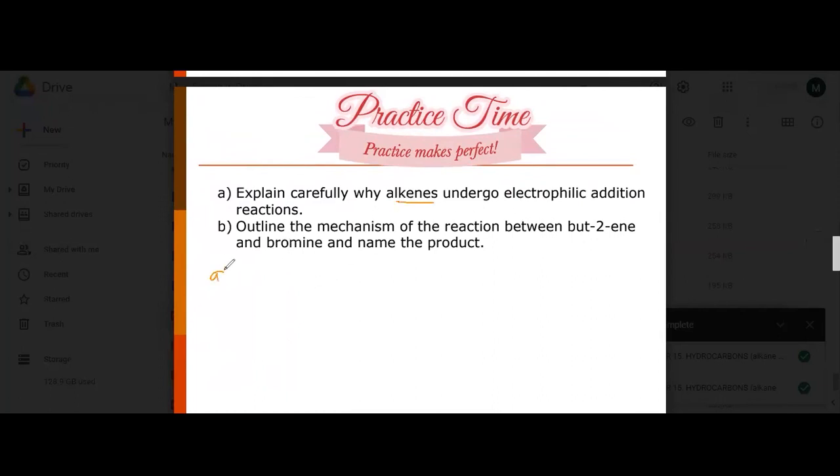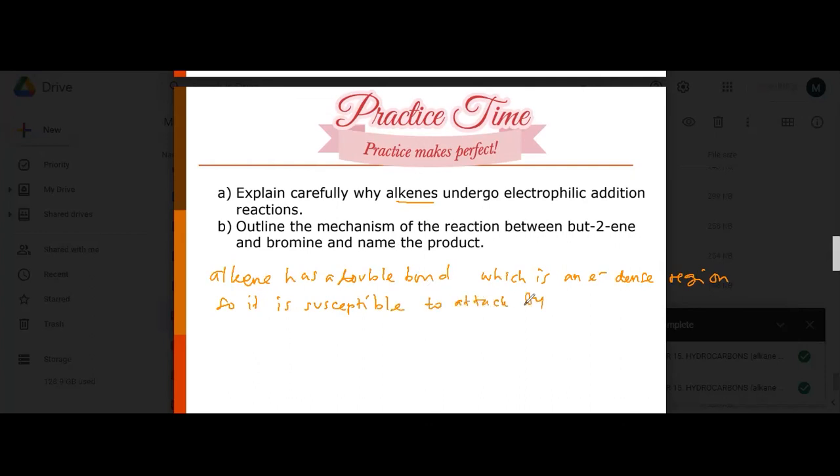Since alkene has a double bond, which is an electron dense region, it is susceptible to attack by electrophiles.